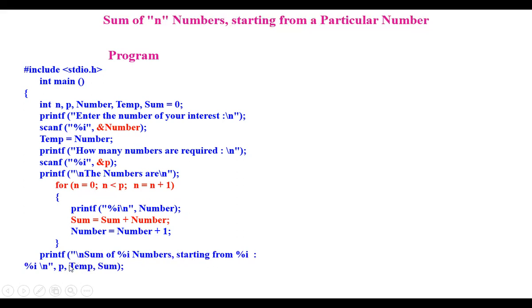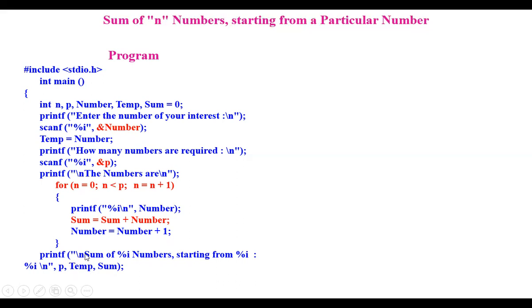But here, if you observe, what is the temp I have taken for? Initially this number is stored in temp. In the process, the value of this number is changing. Initially this number is read here, and later on the number plus 1, and it keeps adding, and finally the value of number is different compared to the earlier one. That's why we have stored the initial value of number in a temporary variable.